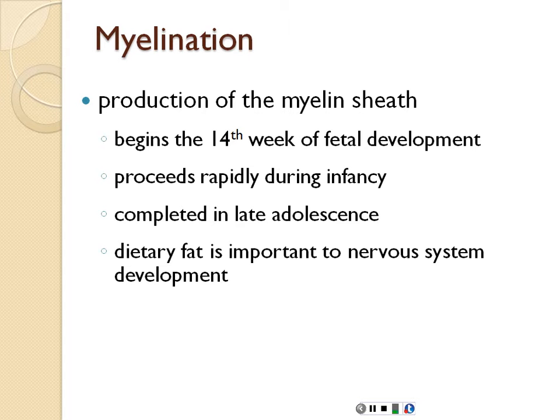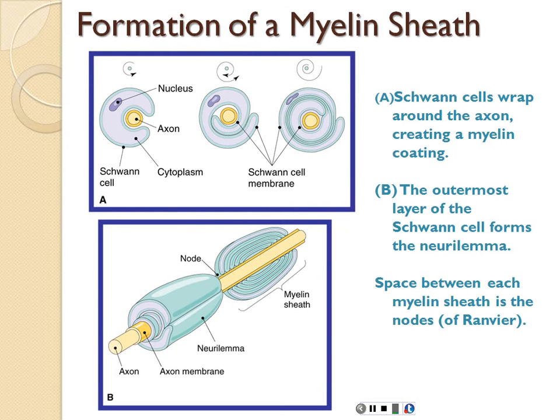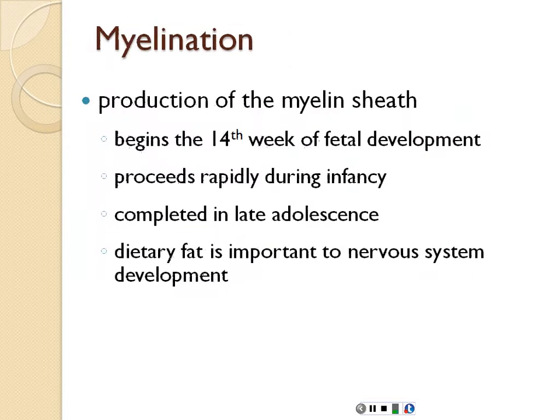Because of the need for that 80% lipid, 20% protein, dietary fat is important to the nervous system's development, because myelination requires fats or lipids for brain development. So it is said for infants and children, you should not completely take fat out of their diet, like low fat this, low fat that. They do need the fat in their diet.